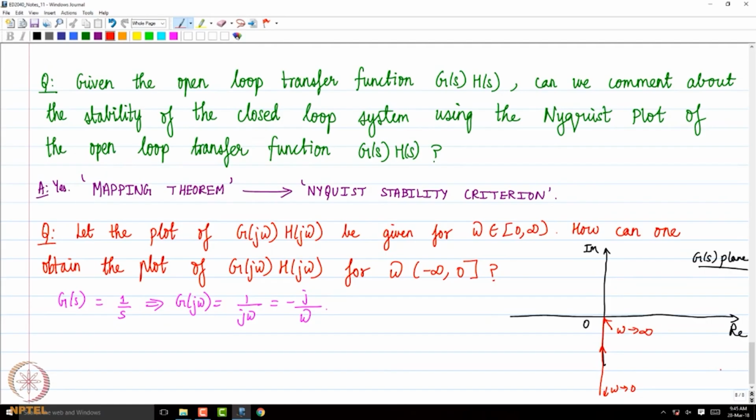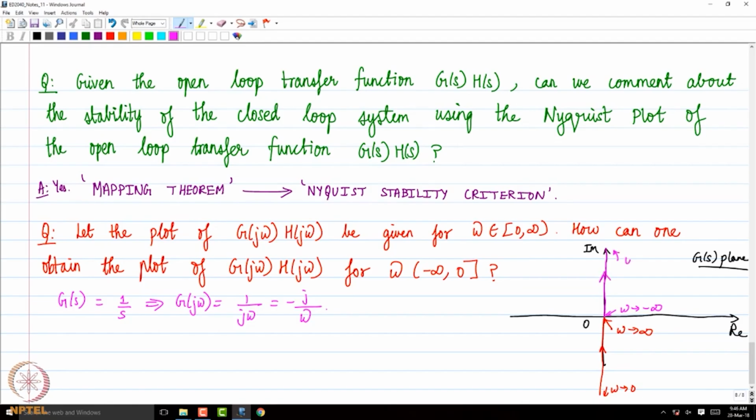When it goes from minus infinity to 0, what is the value as it tends to minus infinity? It will be 0. And as it goes to 0, it will blow off to plus infinity because it is coming from the negative side. So it will also start from here as omega goes from minus infinity and then go to plus.